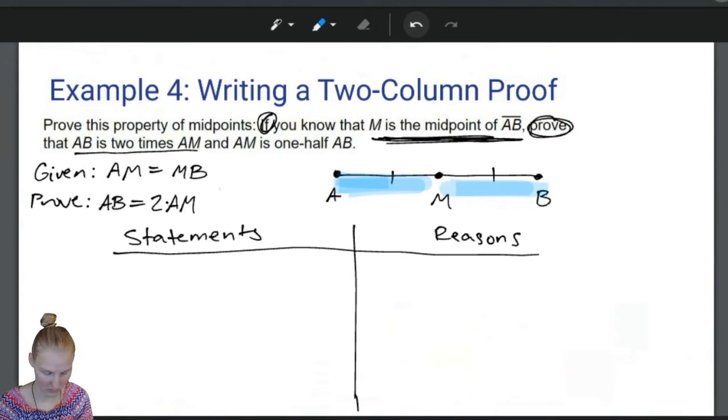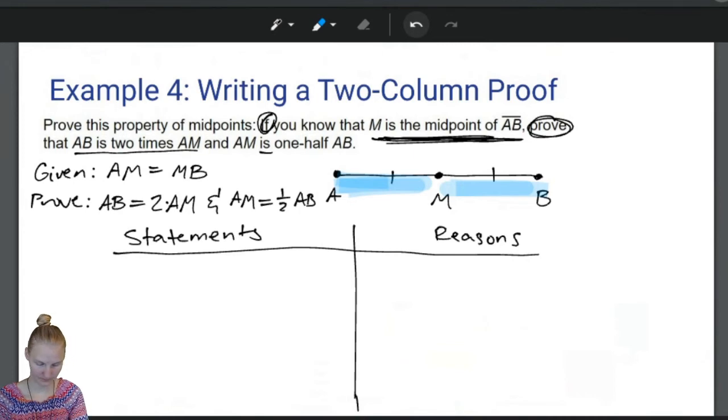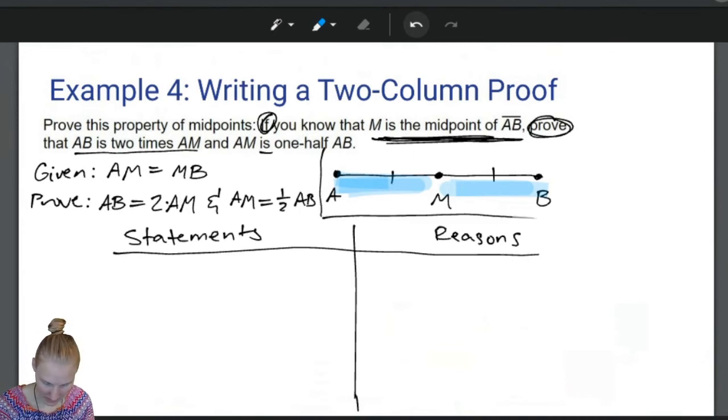And AM is 1/2 of AB. Okay, and let's draw a little border so I can keep my picture separate from what we're trying to prove. Okay, cool. Now I know what I'm given and what I'm trying to prove.